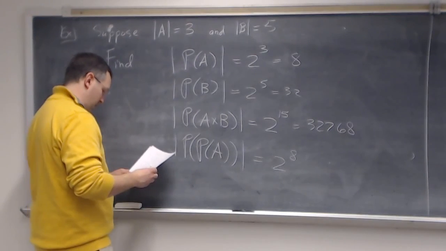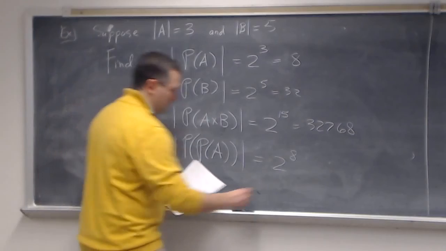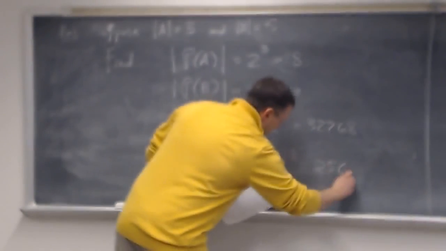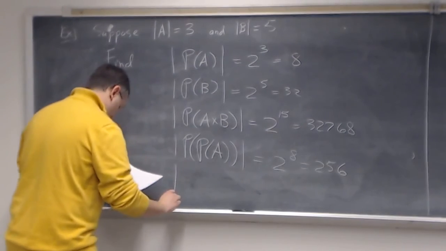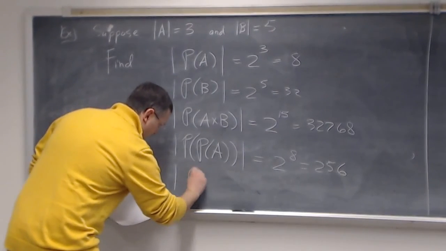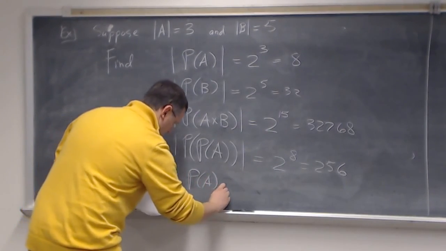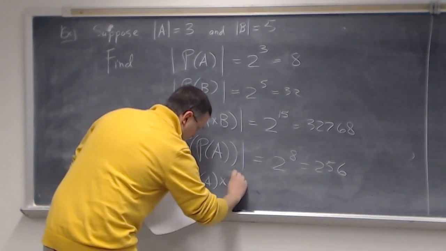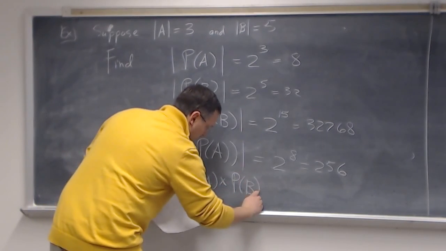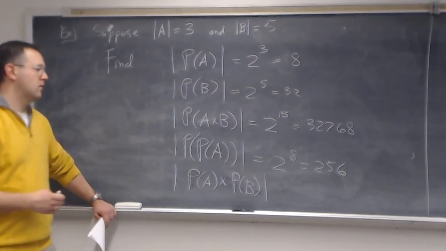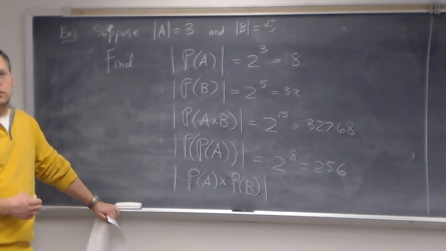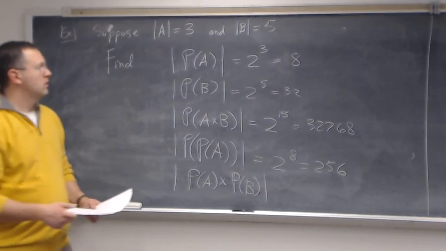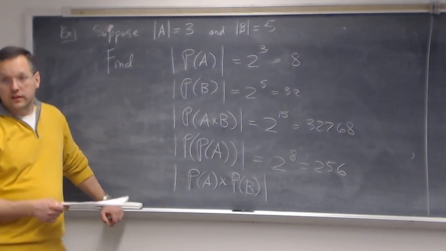All right. So what's 2 to the 8th? 256. How about this? The power set of A cross the power set of B. How many elements would there be in this set? 8 times 32. Yeah.